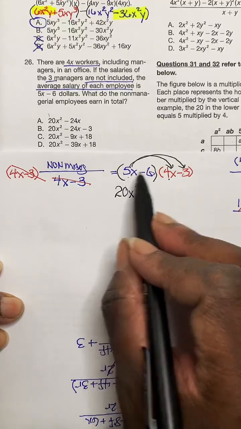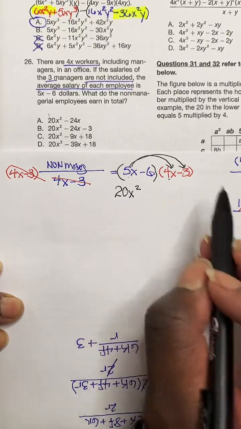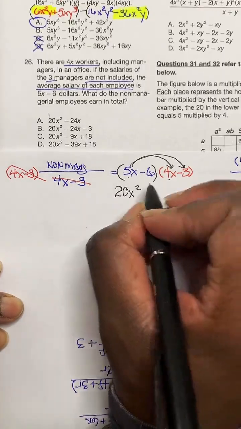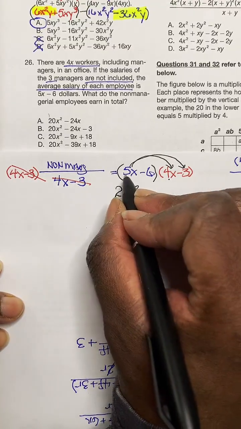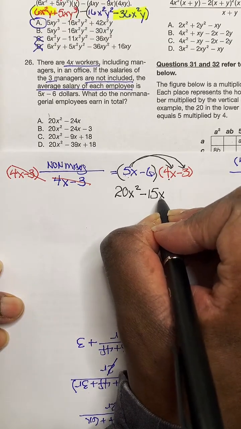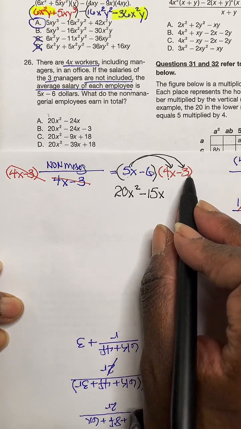Because there's 1x here, 1x there, there's 2 x's in common. So now 5x times negative 3. A positive times a negative will give me a negative. 5 times 3 will give me 15. And then I just bring down the x because there's 1x here and there's no x's there.